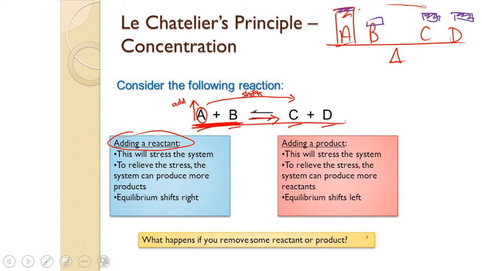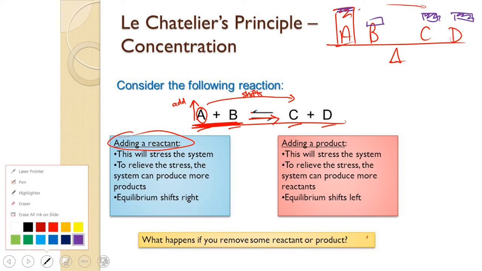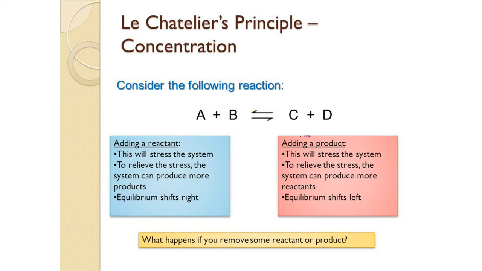Okay? If we think about adding a product, there's nothing stopping us from taking this system at equilibrium, this teeter-totter, and increasing the concentration of D instead of A. All of a sudden you have too much of this product around.